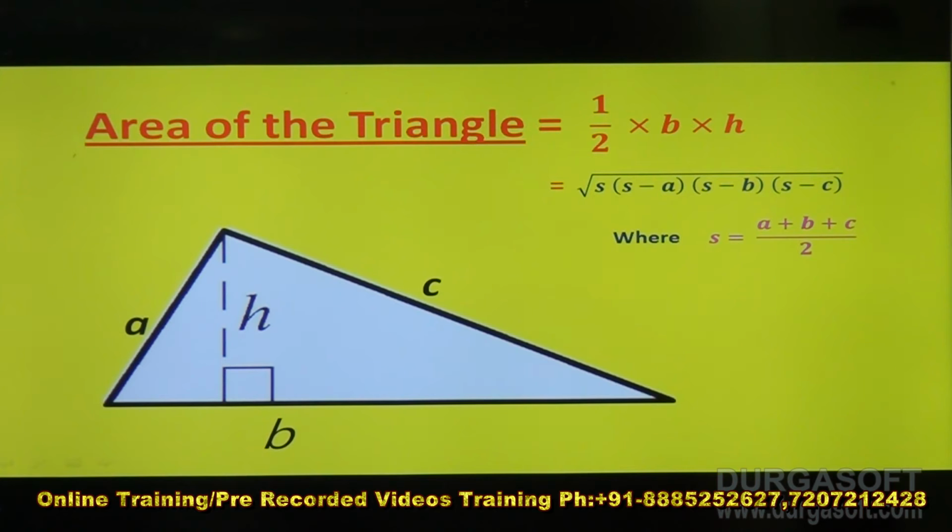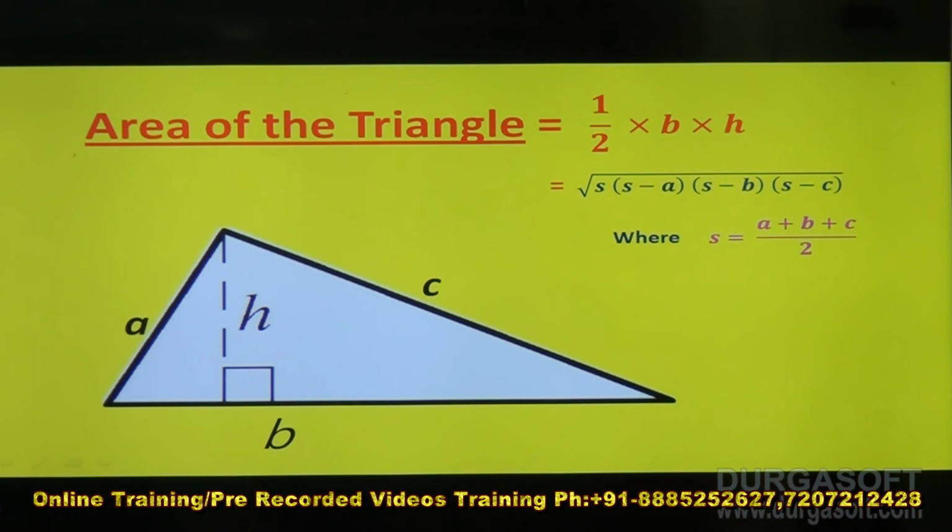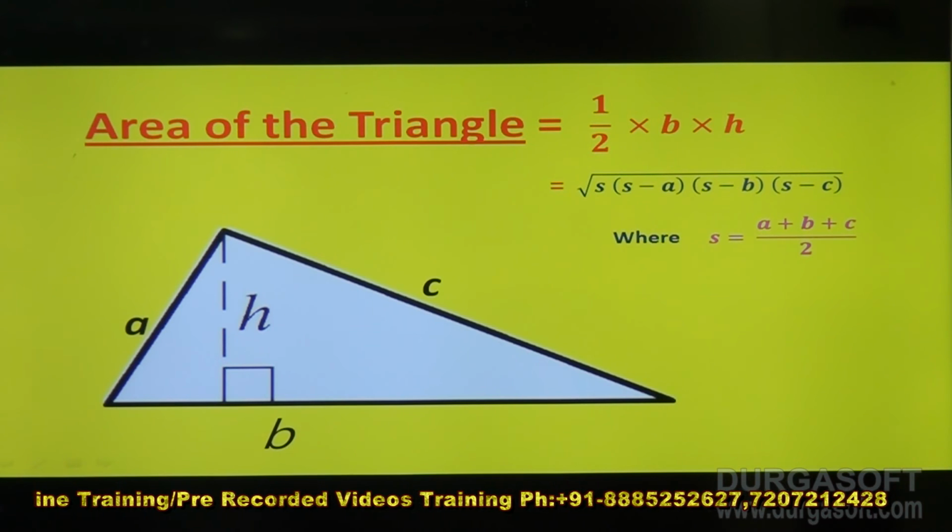So the area of a triangle is given as half into base into height, and it can also be written as under root s into (s minus a)(s minus b)(s minus c), where s is a plus b plus c divided by 2.